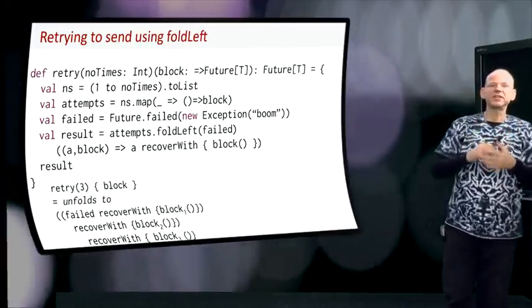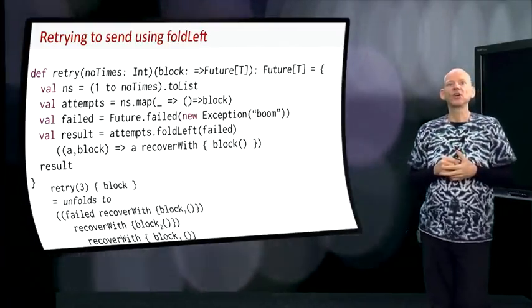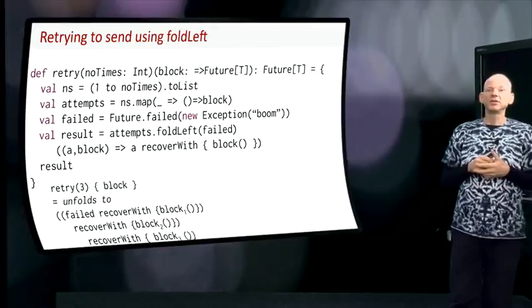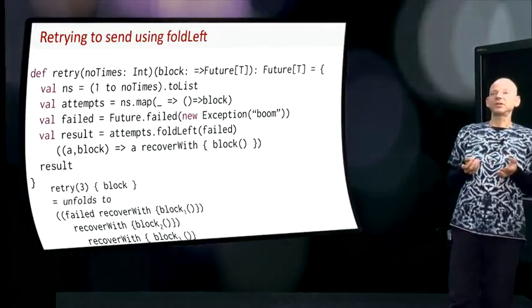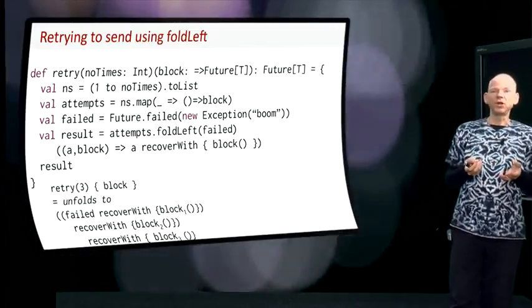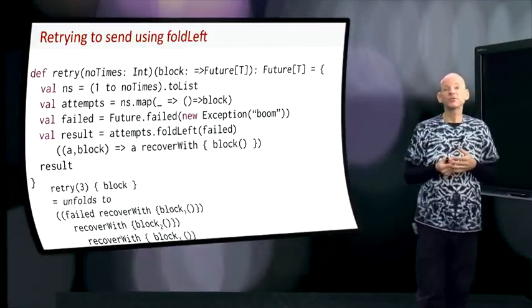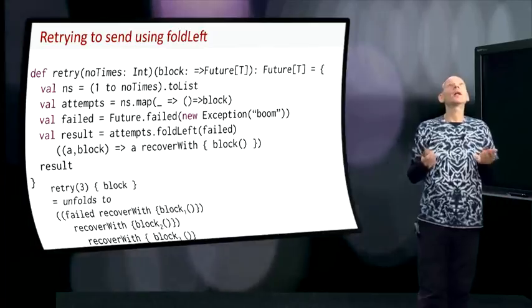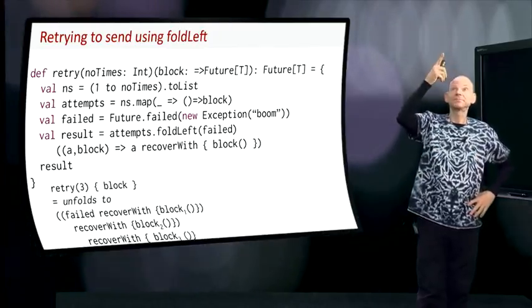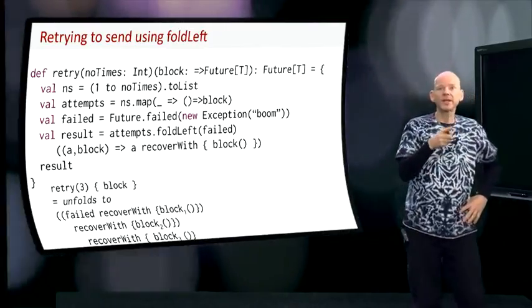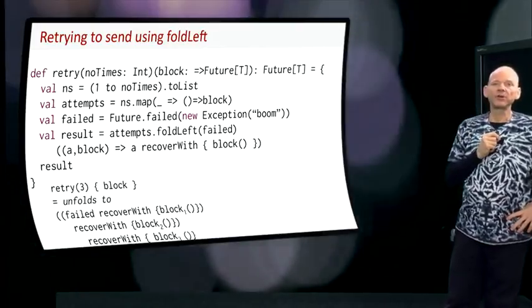And here is the solution. We'll start with fold left. If we want to use fold, we need a list. How do we create a list? We can create a list from 1 to the number of times.